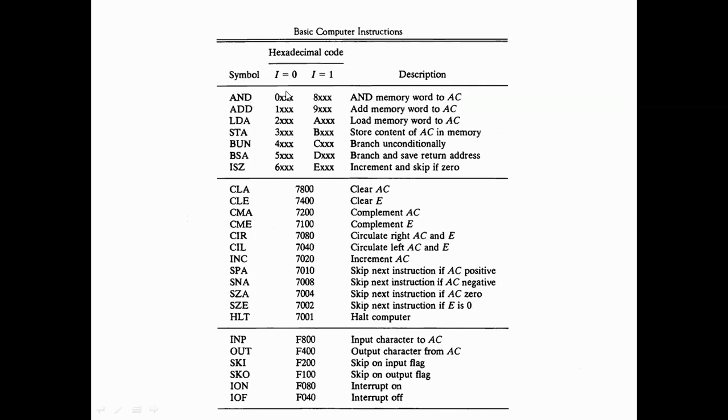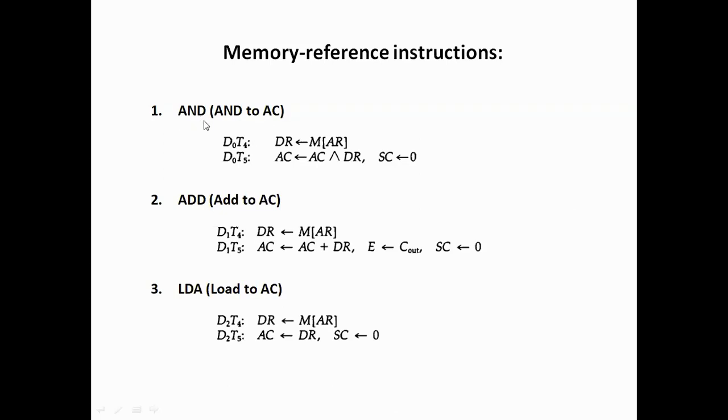Since the opcode is 000, when we decode this 000 using a decoder, the D0 line will be on. That is why we wrote here that D0 will be on, and the clock cycle will be T4. At this instant, this micro operation will be done, and at the next, this will be done.